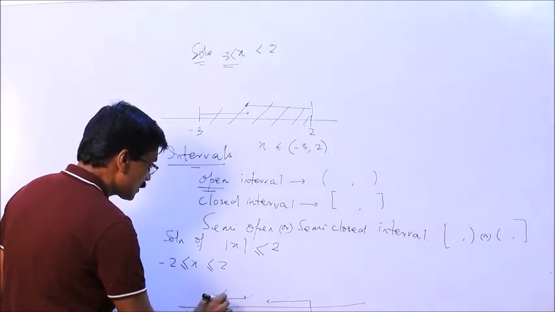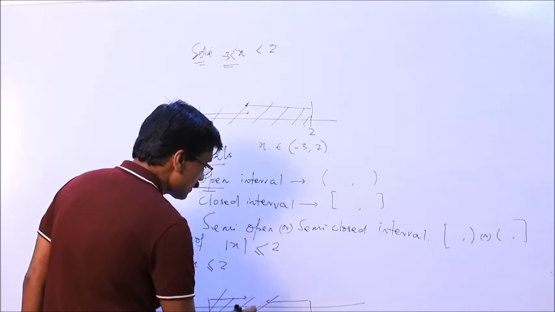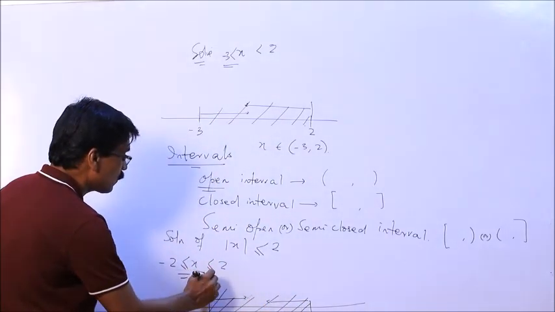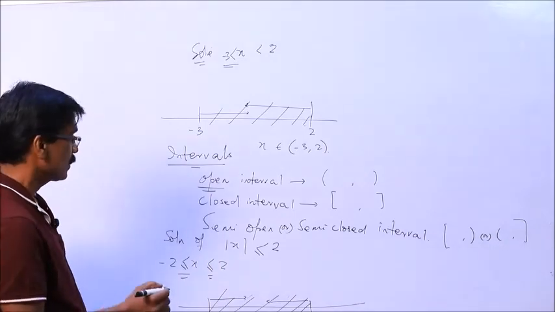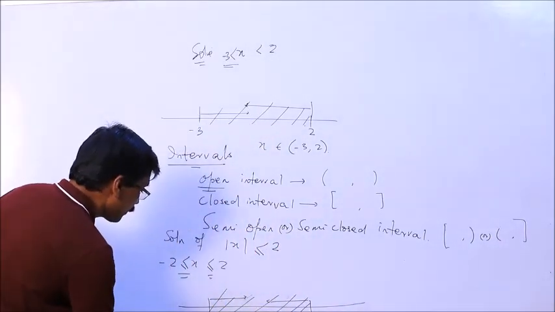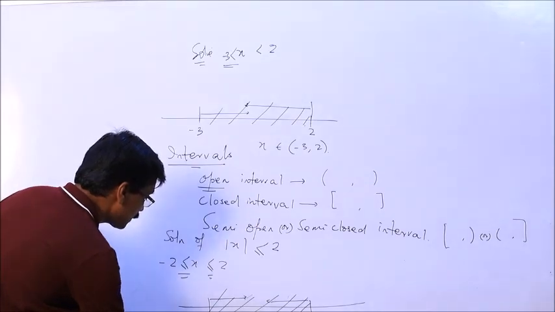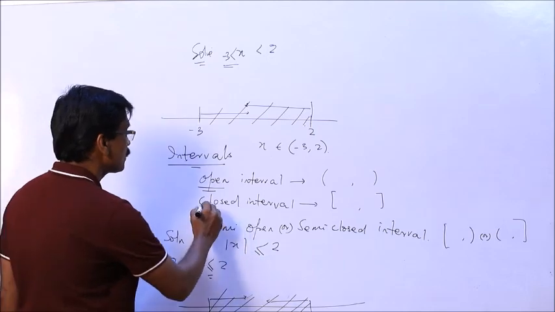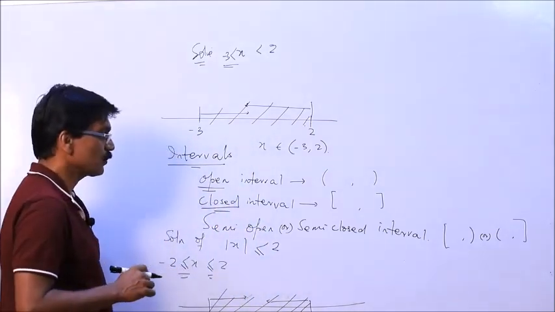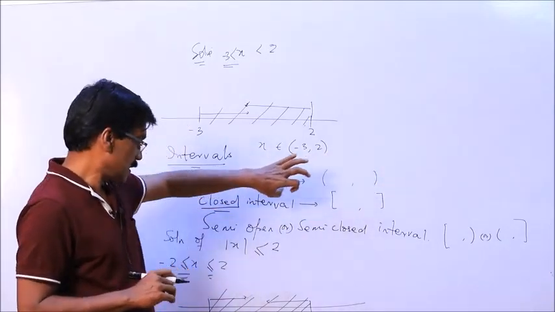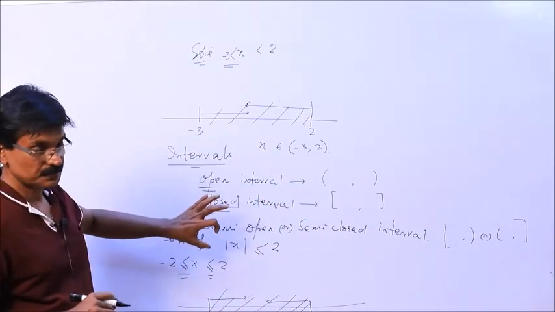So, this is the solution region and the sign is less than or equal to. So, we can express it in interval form, that is x belongs to [minus 2, 2], and it is a closed interval. For a closed interval, the sign is less than or equal to.